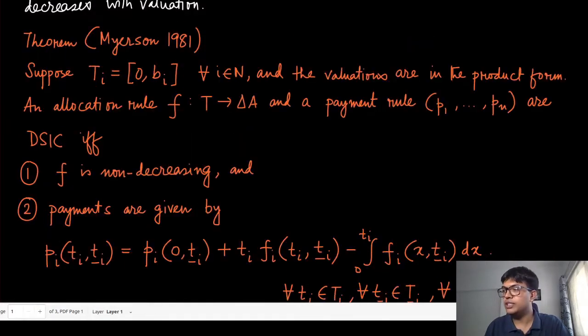Now let us come to the result by Myerson, which gives a characterization of all the dominant strategy incentive compatible mechanisms in the context of allocating one single indivisible object. Let us assume that the type set of all the agents is an interval between 0 and b_i. The b_i can differ, but everyone's lowest value for that object is 0.